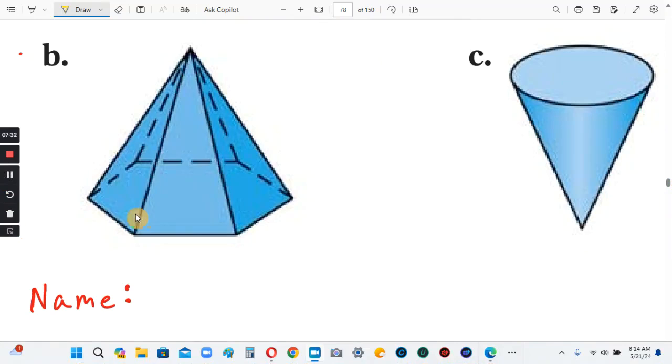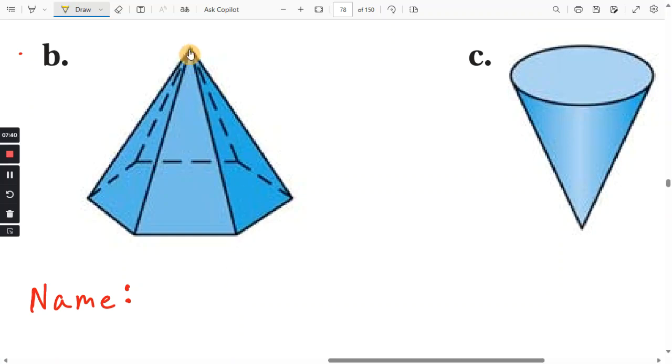Please pause and see if you can name the figure in part B. These all meet at a point, so this is definitely a pyramid. Let's count the sides on the base. We have 1, 2, 3, 4, 5, 6 sides. What do we call 6 sides?